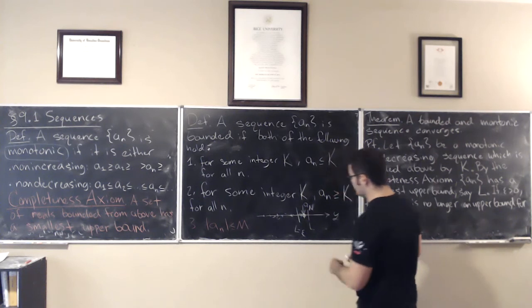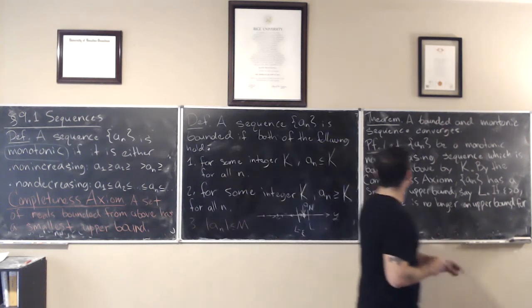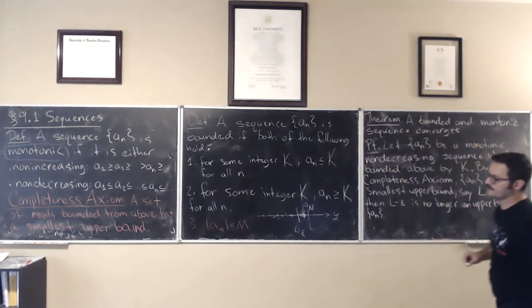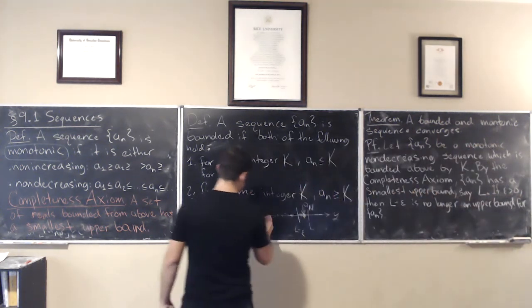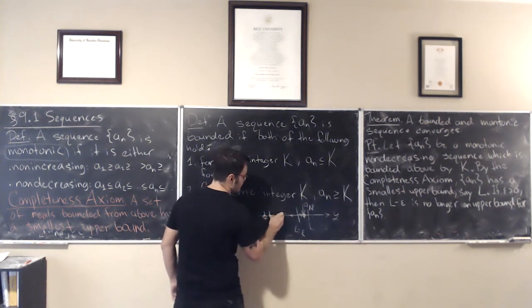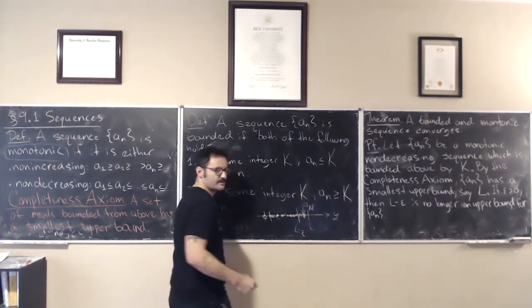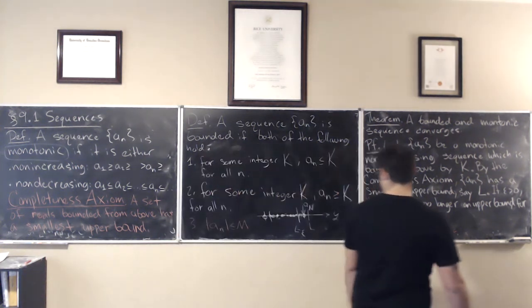Well, notice how I was going back and forth earlier? We have to remember that the sequence is monotonic. So since it's monotonic, it's like this. It's always increasing. It's monotone increasing.